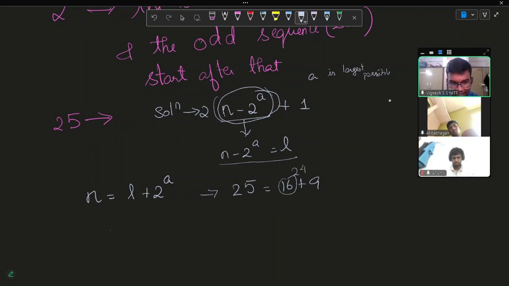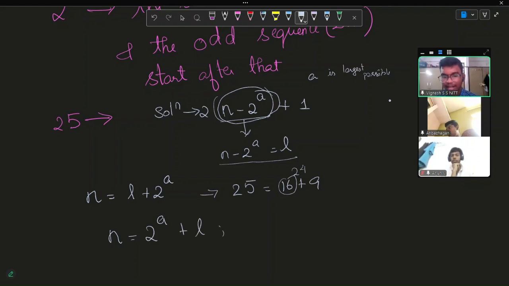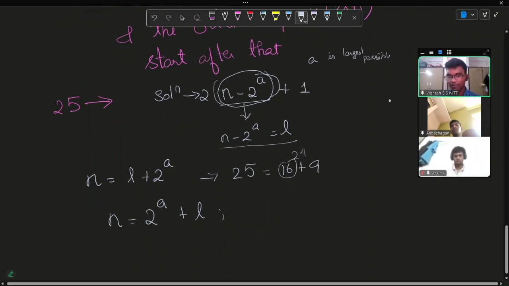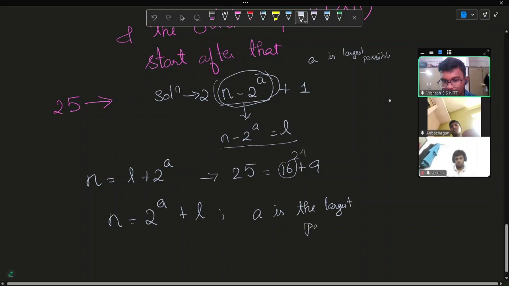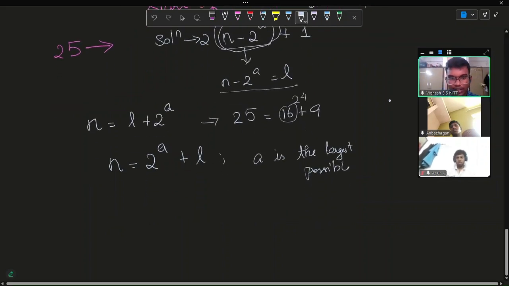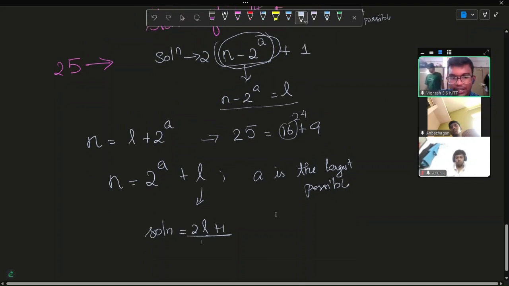So any n that is given to you, you will write it as 2 power a plus l, where 2 power a is the largest power of 2 possible. From this l, the solution is 2 into l plus 1, which is what we saw previously. So the number is written as 2 power a plus l, and the solution is 2l plus 1. Is that understandable?